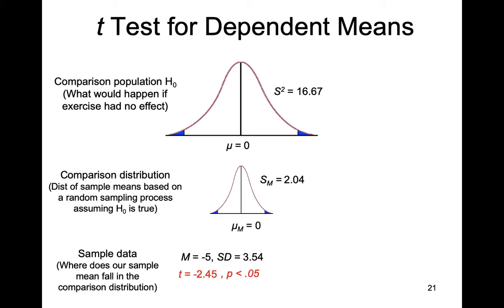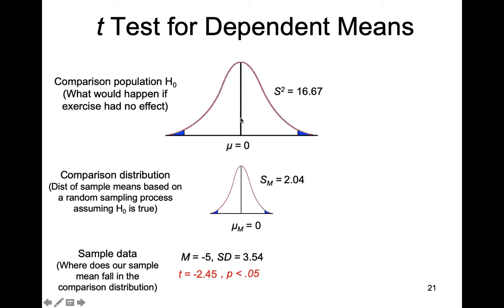So just to go back to the diagrams, at the population level, this is our population of individuals. This is what would happen if exercise had no effect. We see everybody in the population and their individual change score.